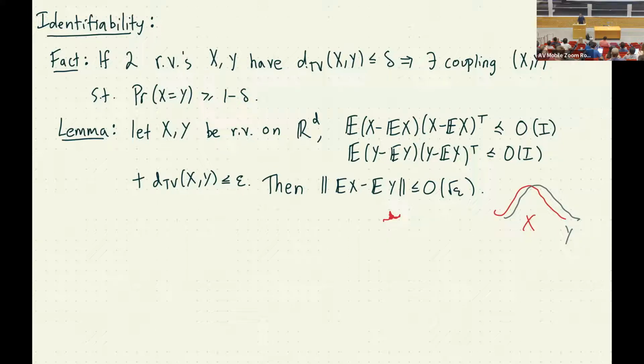So because X and Y are both not allowed to have too much mass away from the bulk of their mass, because of the variance bound, their means have to be close to the bulk of their distributions, and therefore the means have to be close to each other because they overlap in their bulk. So this lemma just quantitatively captures that idea. Questions about the lemma statement? Okay, let's prove it.